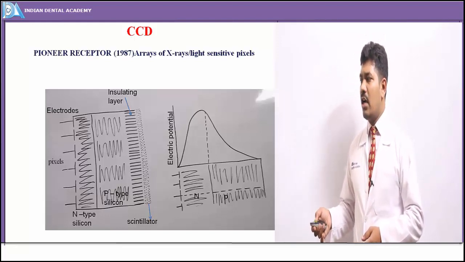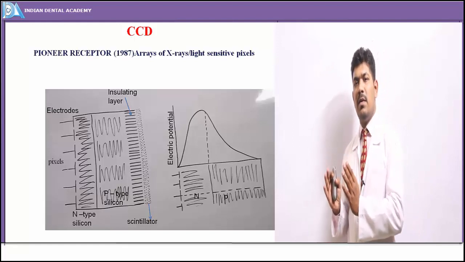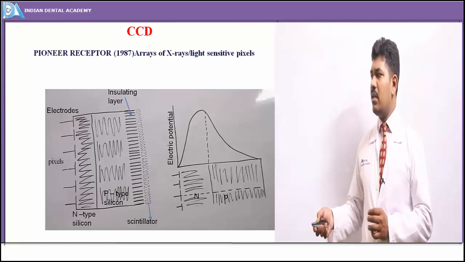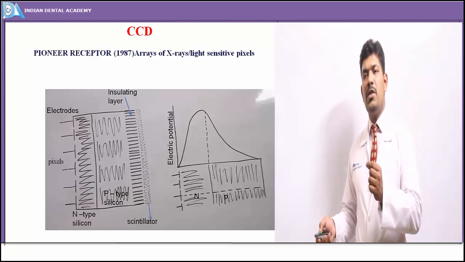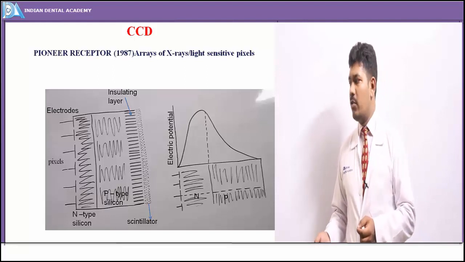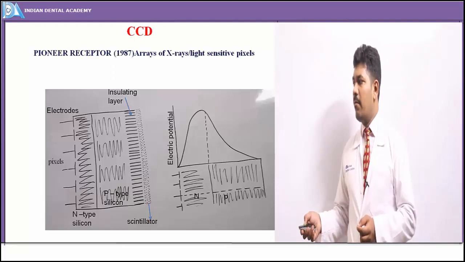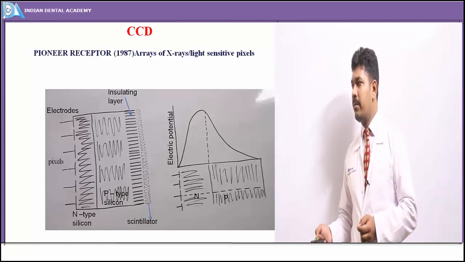At the junction of these N and P terminals, we have the peak charge potential. That is where all the image information is stored temporarily before being passed on to the electrodes. We can see how, coming from right to left, it is at this junction that the peak charge potential is found.